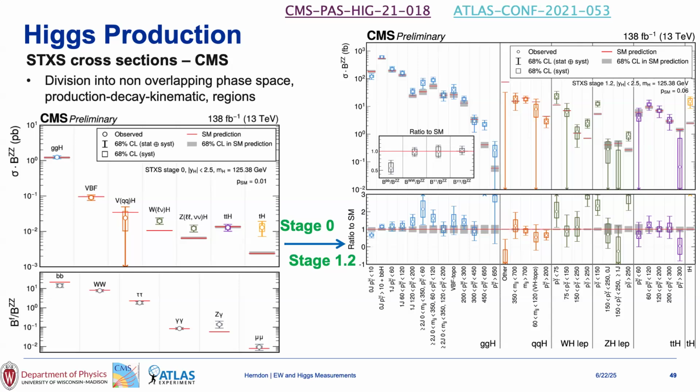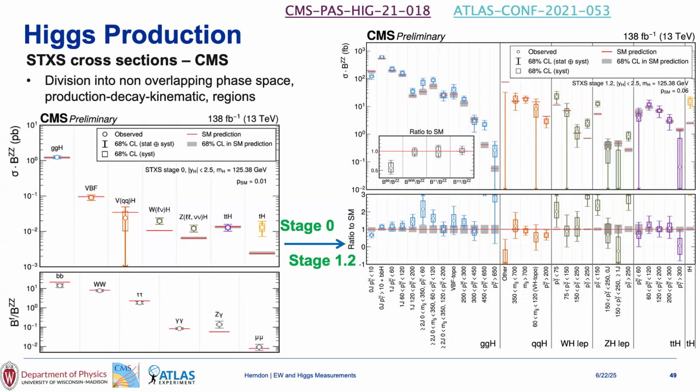It's 0.01, so that's fairly low. So definitely there's interesting stuff to look at here as we take more data. If we go across the more detailed measurements, it's interesting that a lot of these excesses appear to be maybe coming from some of these more high pT bins. So that's really at least the most interesting place to see it. Hopefully you would see something eventually coming out of that.